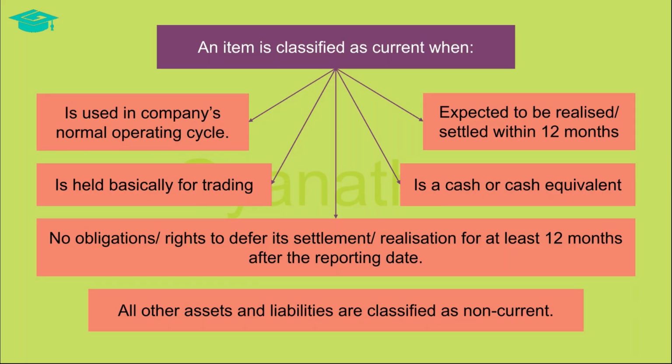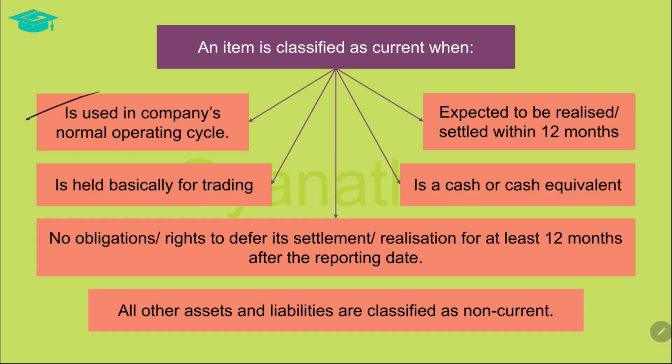The third head is non-current liabilities, where the actual liabilities of the company start to get disclosed. Even before delving into the non-current and current liabilities, let us first see what is the difference between non-current and current. An item gets classified as current under the following situations.